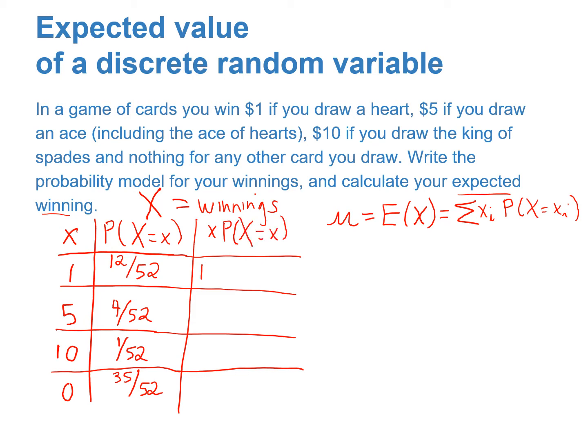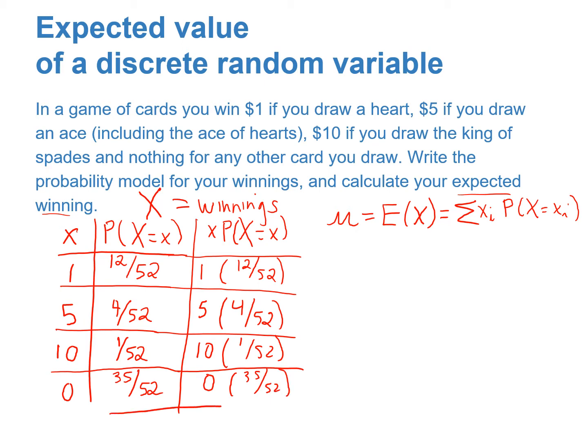So here I'll have 1 times 12 out of 52. Here I'll have 5 times 4 out of 52. Here I'll have 10 times 1 out of 52. And here I have 0 times 35 over 52.